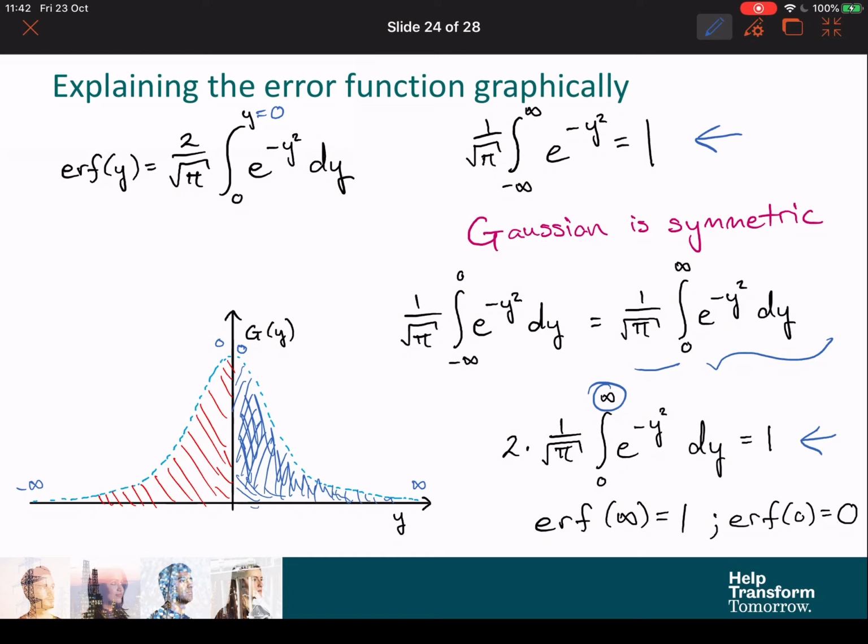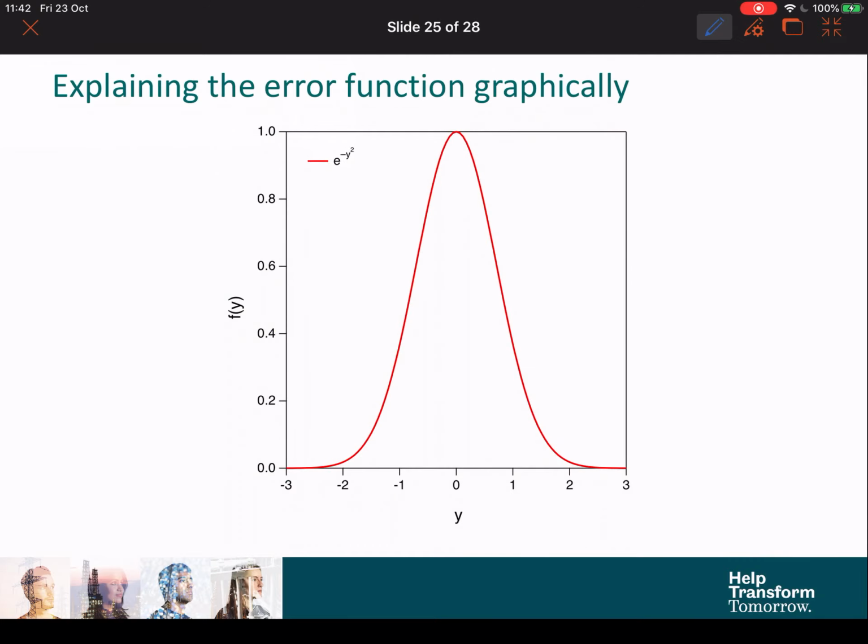But let's look a little bit more at where the error function emerges from graphically. So this is our function e to the negative y squared, which has a Gaussian shape, but it's not actually a Gaussian because it's not normalized. We have to divide by the square root of pi in order to normalize it.